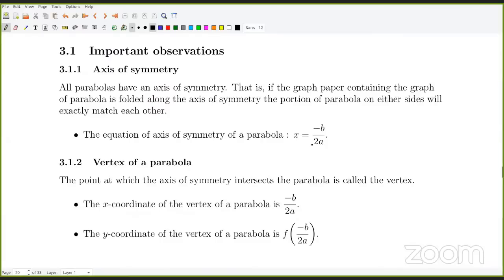That is, if the graph paper containing the graph of the parabola is folded along the axis of symmetry, the portions of the parabola on either side will exactly match each other. You can do a small experiment: draw a parabola and fold the paper along the axis. You will see both sides have the same shape touching each other. That particular line we call the axis of symmetry.